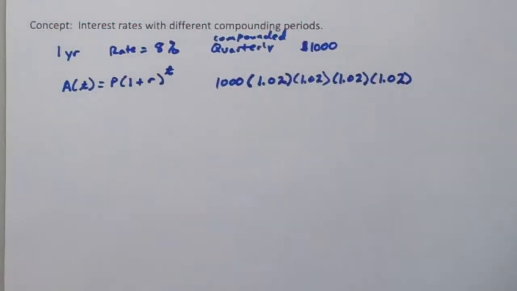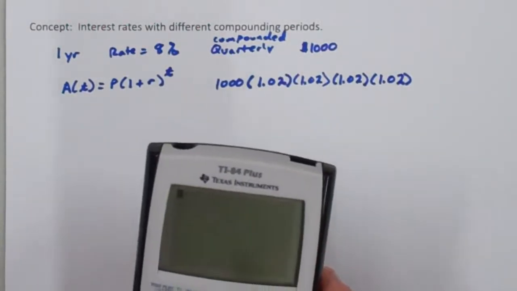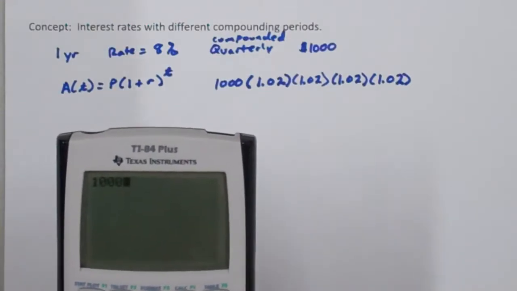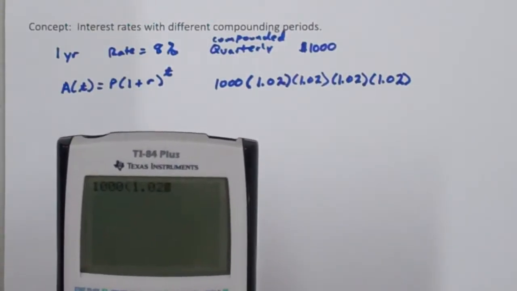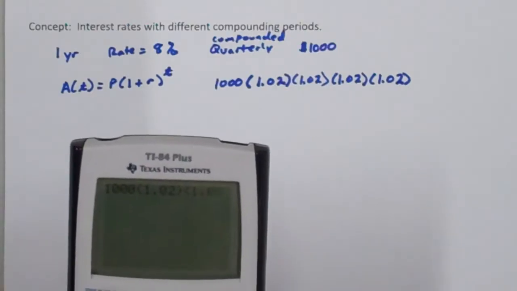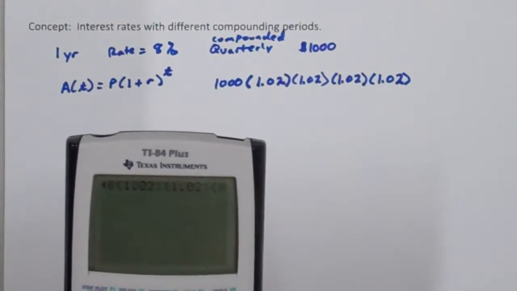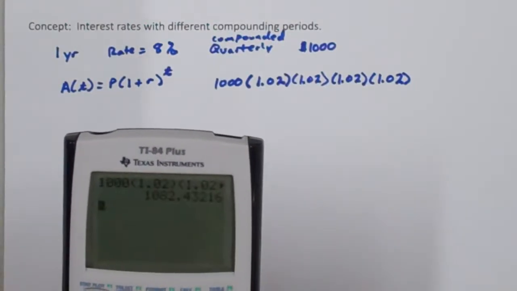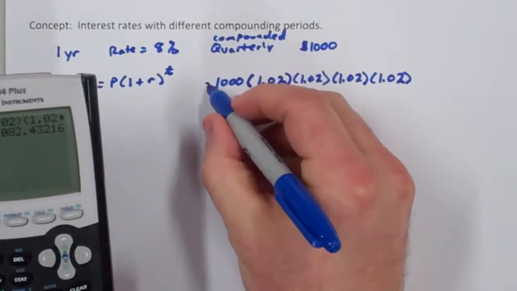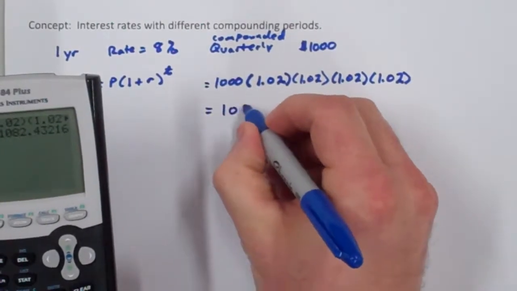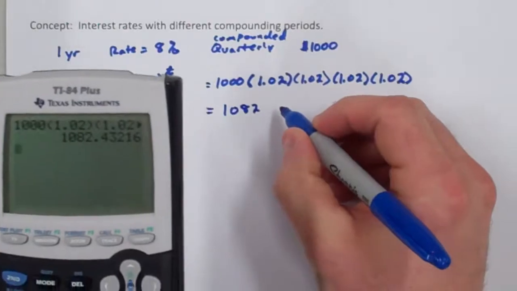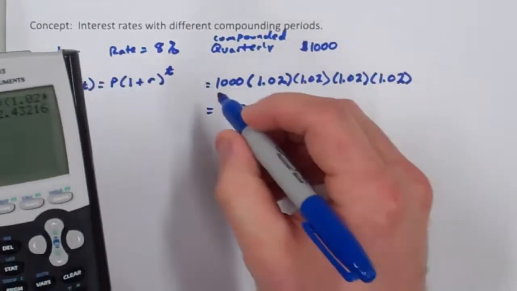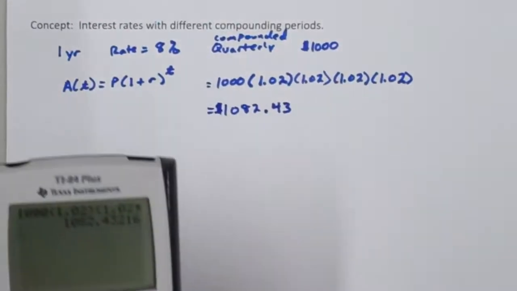As a matter of fact, let's go ahead and do that real quick. So I've got my calculator here. Hopefully you all can see that. It's going to be 1,000 times 1.02 times 1.02 times 1.02 times 1.02. And that's going to be 1,082.43, and that's going to be the money that you'll have in your account.